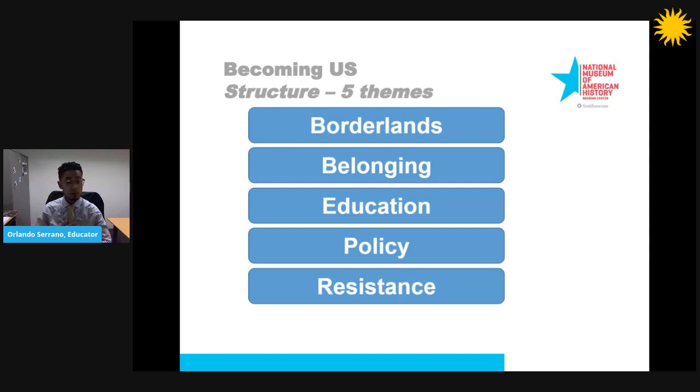How has policy been impacted over time? And then what are ways in which folks resisted some of these changes? Again, whether they were forced to move, when they were incorporated against their will, when they were moved involuntarily. So those are the 5 big themes that we settled on.